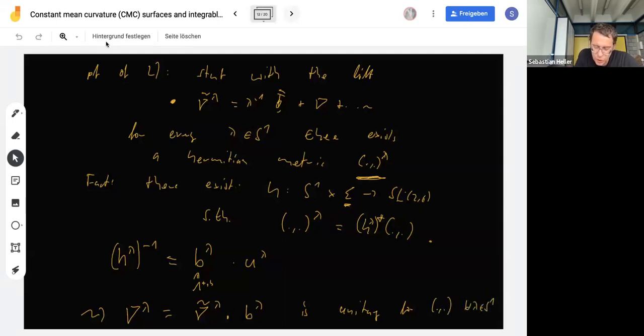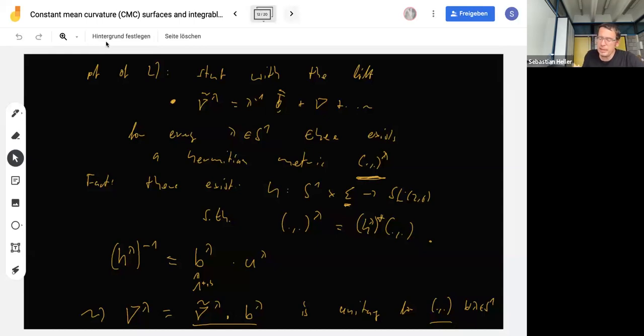So this is a crucial but simple observation, because of course the unitary loops act trivially on the standard Hermitian metric. The second important observation is that because B is positive, it just conjugates the lambda inverse part.